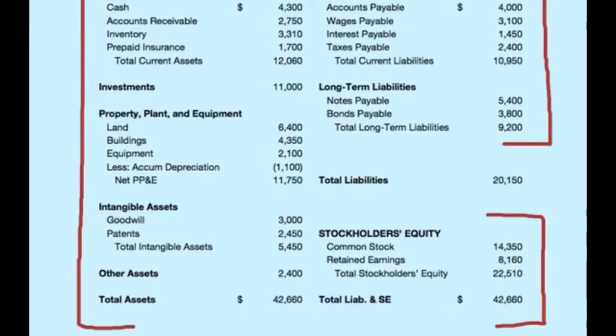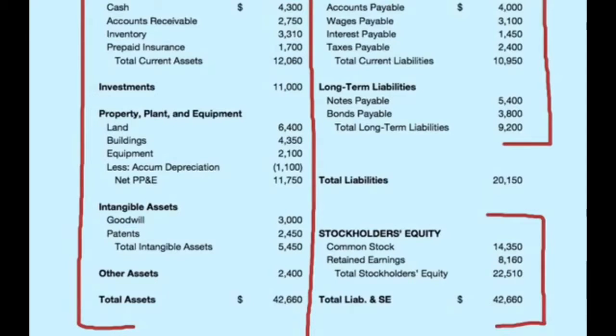Those are the three main parts of any balance sheet, and the accounting equation is assets equals liabilities plus owner's equity or stockholders' equity. So the balance sheet is always basically divided right in half, and on the left side you'll have the assets, and on the right side you'll have both the liabilities and the stockholders' equity.